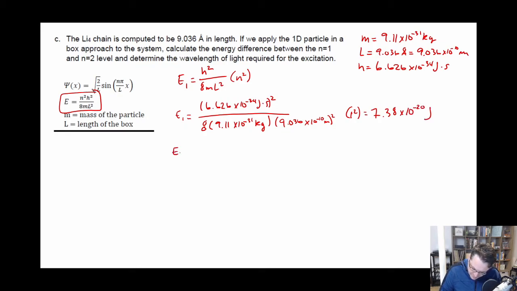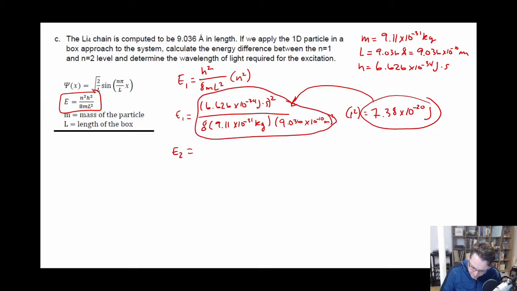And then we can apply that same thing to E2. We know that this whole thing is equal to this whole part right here. So all we have to do is take the E1 level and multiply that by 2 squared. What we get in this case is 2.95 times 10 to the negative 19 joules.